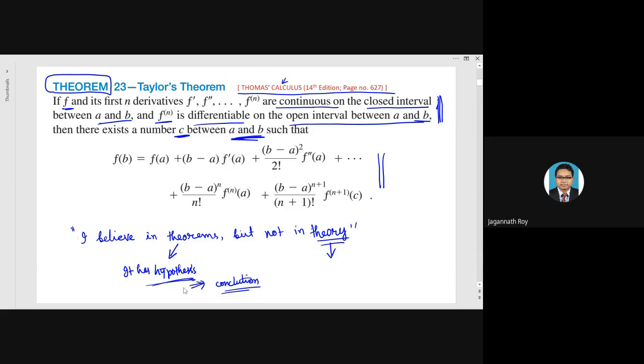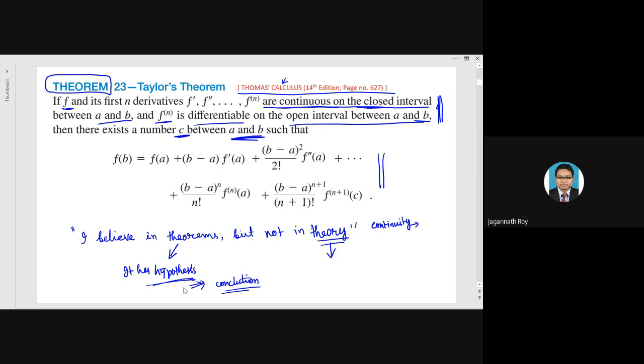In fact, I have taken the snapshot. There you are taking the open interval differentiable. It is telling about continuity. When we talk about continuity, we will tell about the closed intervals. It is not n plus 1. It is n actually.